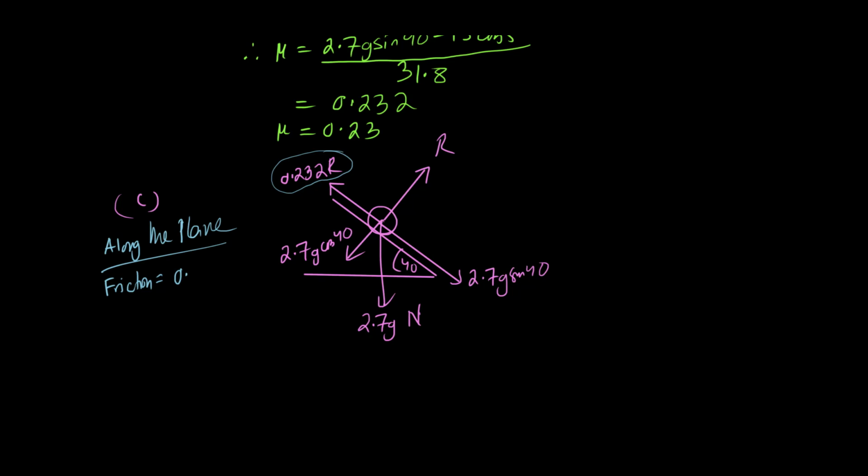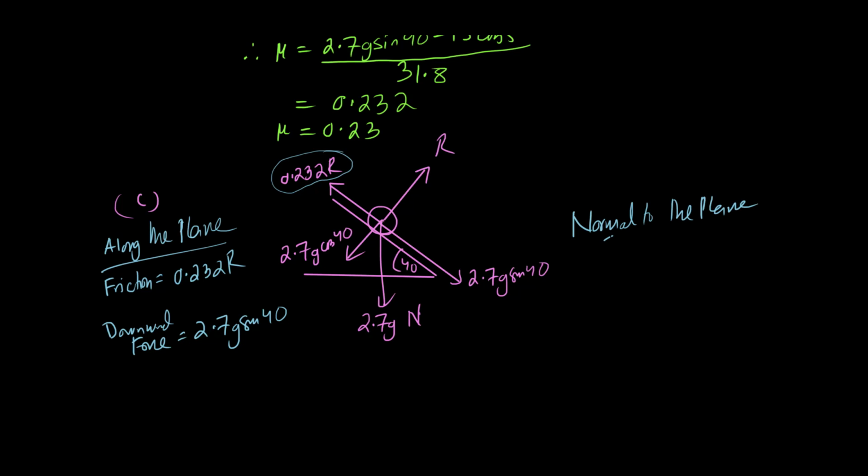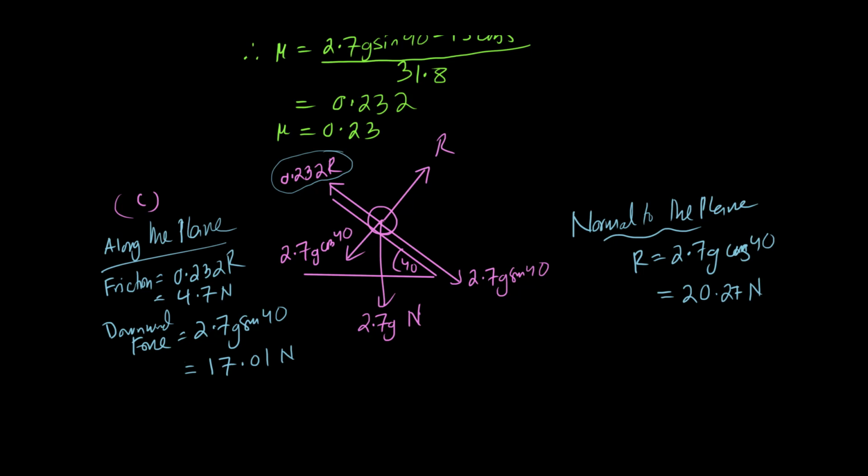Friction is 0.232 r, and then the downward force is 2.7 g sine 40. We need to find the value of r. So let's do normal to the plane. Normal to the plane is always in equilibrium, so r equals 2.7 g cos 40. We have calculated the downward force 2.7 g sine 40, it is 17.01 Newton.